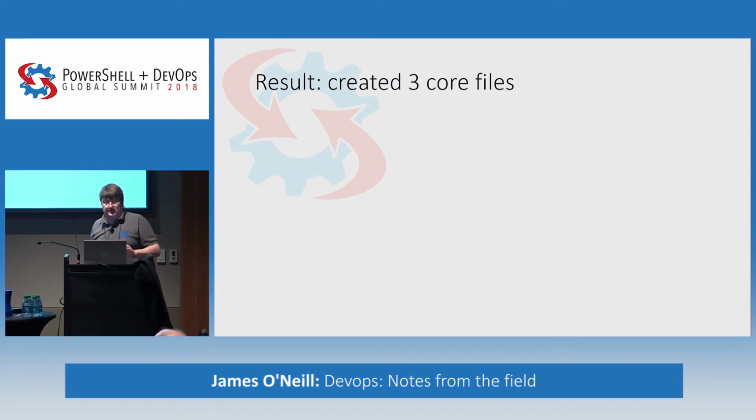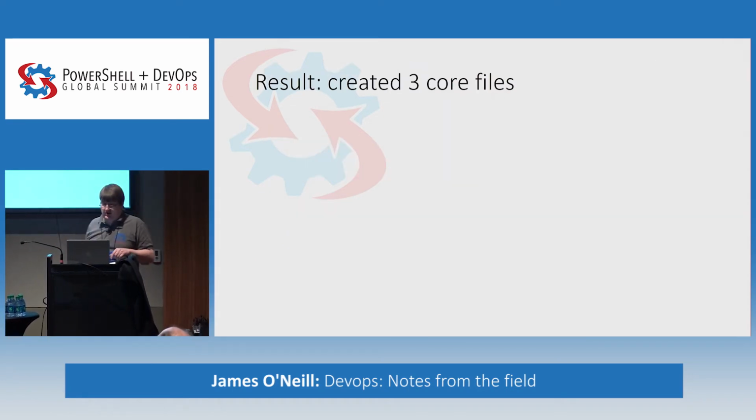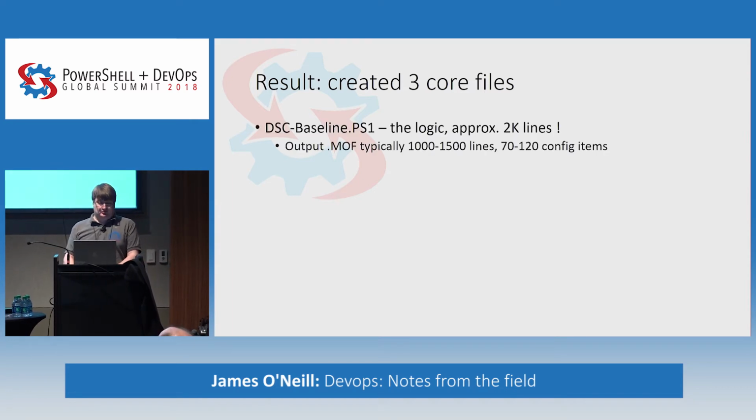So we ended up with 3 core files. One of them is called Dsc Baseline. I wasn't joking about the size of the MOF files, by the way. They typically have around 100 configuration items in them. They're typically a little over 1,000 lines.